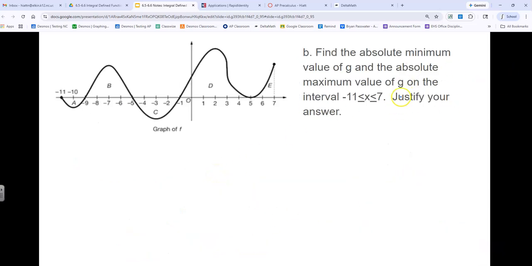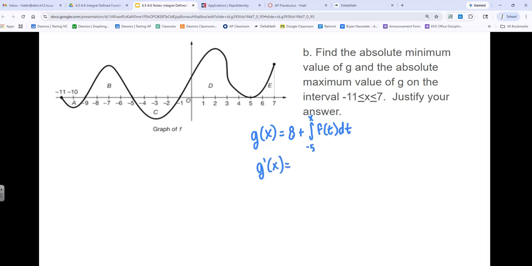The next one asks for absolute minimum. We're not going to have enough time to do all of this, but you would look at critical points, right? Because if g of x equals 8 plus the integral from negative 5 to x of f of t dt, what does g prime of x equal?